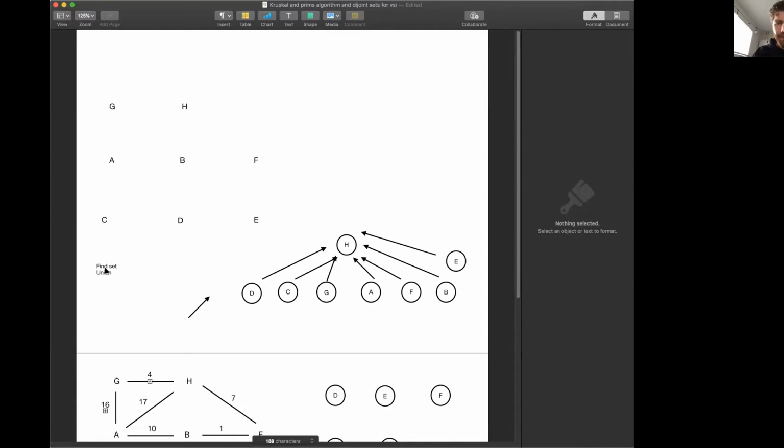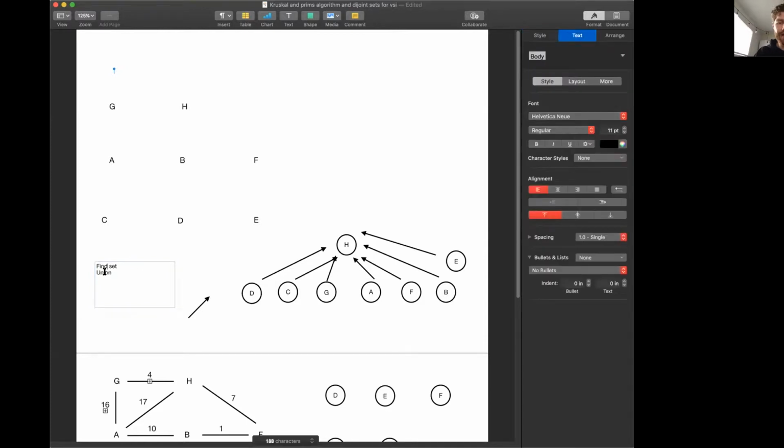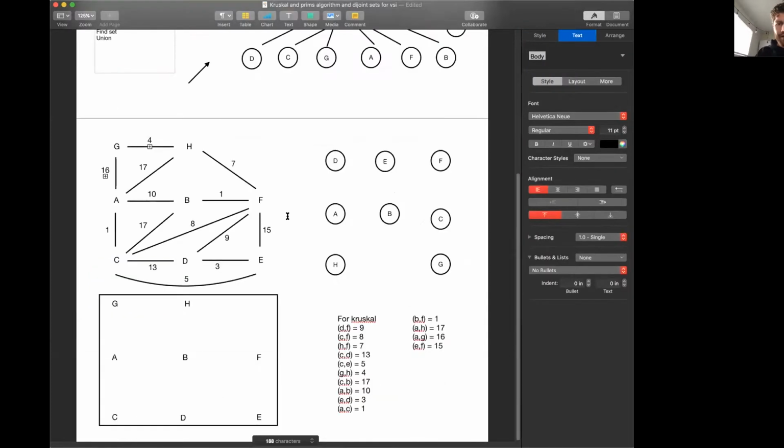So the point here is there are two important operations in the disjoint set data structure, which are find set and union. Kruskal's algorithm is an algorithm for us to find the minimum spanning tree. And internally, it uses the disjoint set data structure. It starts with the following.